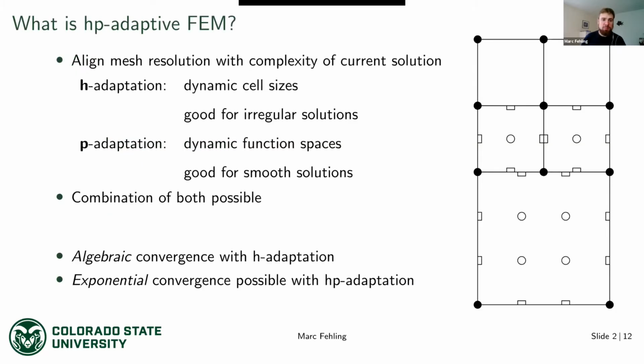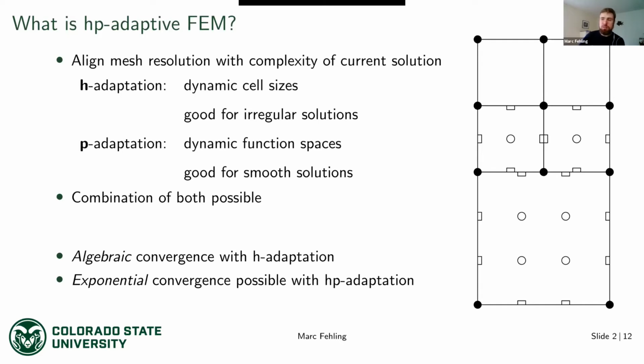So what is hp-adaptive FEM? Most of you using deal.II are familiar with why you're using adaptive mesh refinement, for example. You want to align the discretization resolution with the complexity of your current solution. And the FEM method allows us to do that in 2 different ways.